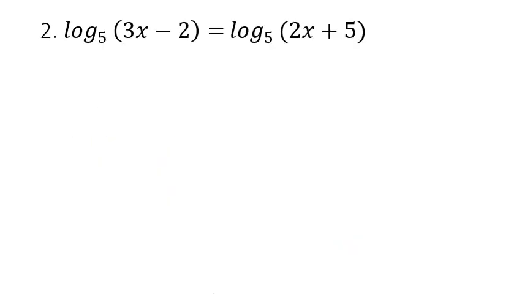If we have this given, log of 3x minus 2 base 5 is equal to log of 2x plus 5 base 5. As you can see, they have the same base. So we can simply write it as 3x minus 2 is equal to 2x plus 5.